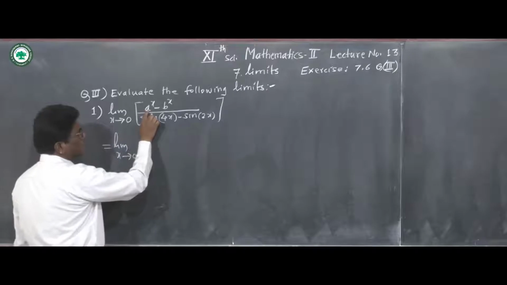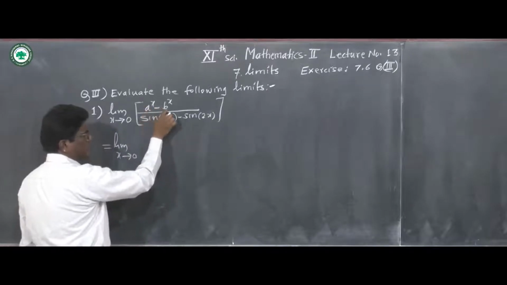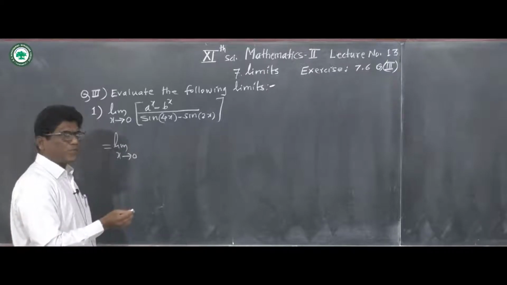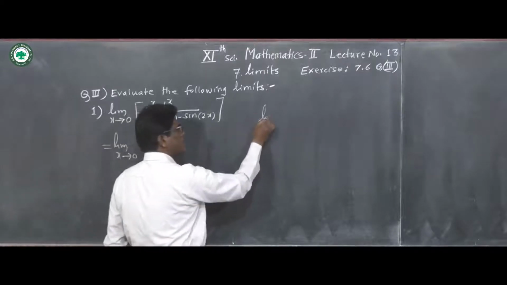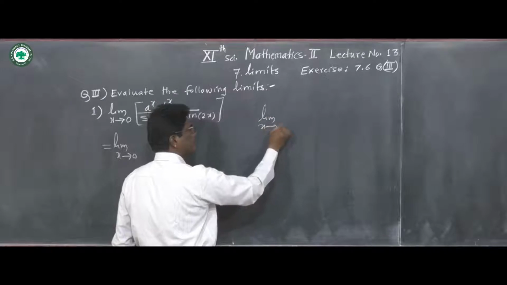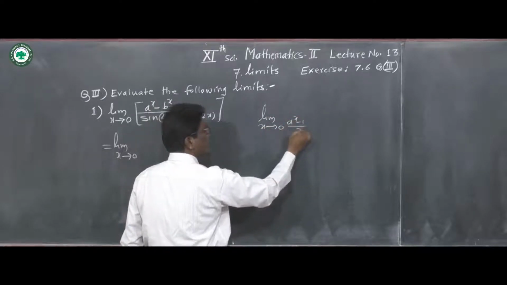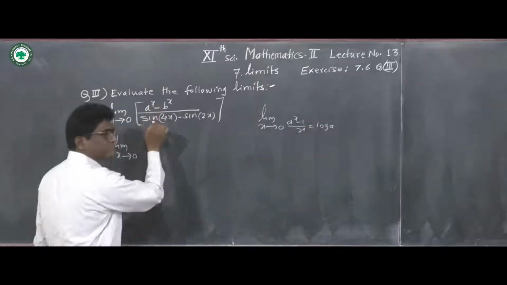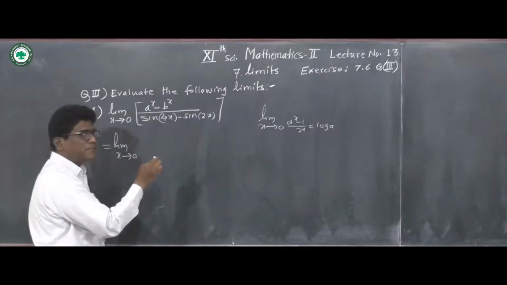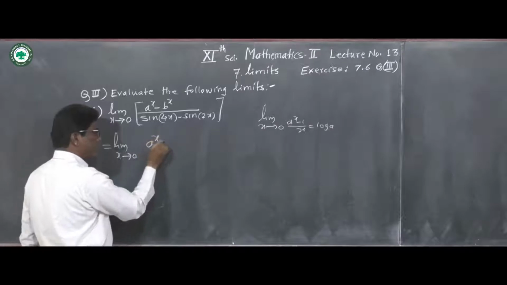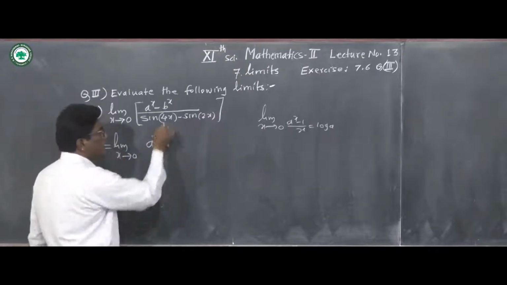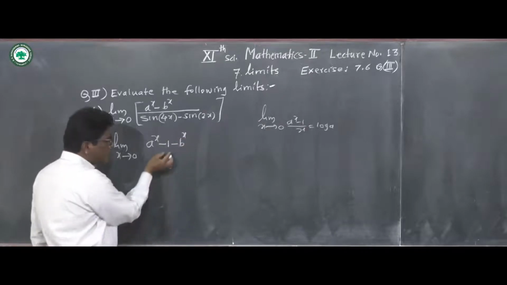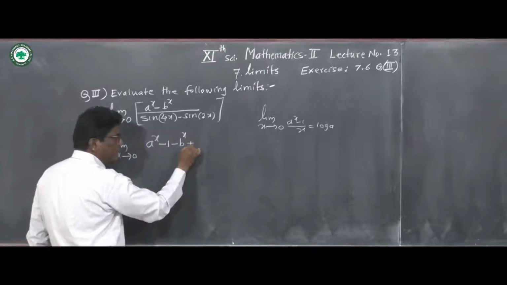Now here in the numerator a to the power x minus b to the power x, we adjust here 1 because we know the formula limit as x tends to 0, a to the power x minus 1 upon x, that is equal to log of a. So when there is a to the power x, then we take minus 1. So we write here a to the power x minus 1, and this minus b to the power x as it is, and we cancel this minus 1 by taking plus 1.